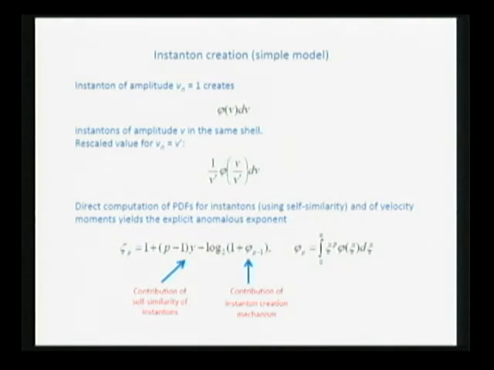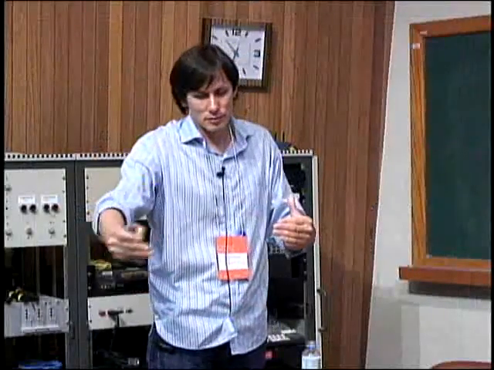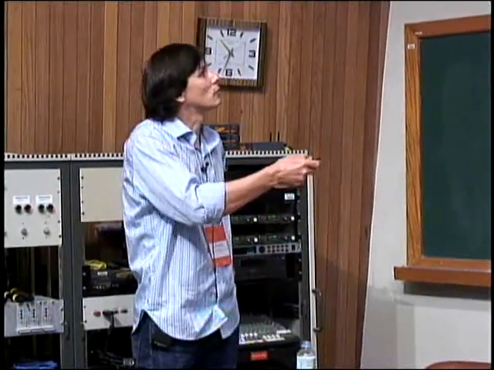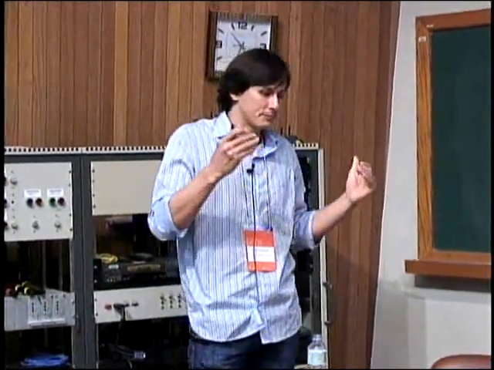So you can even derive the anomalous exponents. If you give any statistical rule of how one instanton creates other ones, assuming that instantons propagate in a self-similar way, you directly arrive at the anomalous exponent. So the anomaly in that picture is associated with the creation mechanism, while the bursts are fully self-similar.